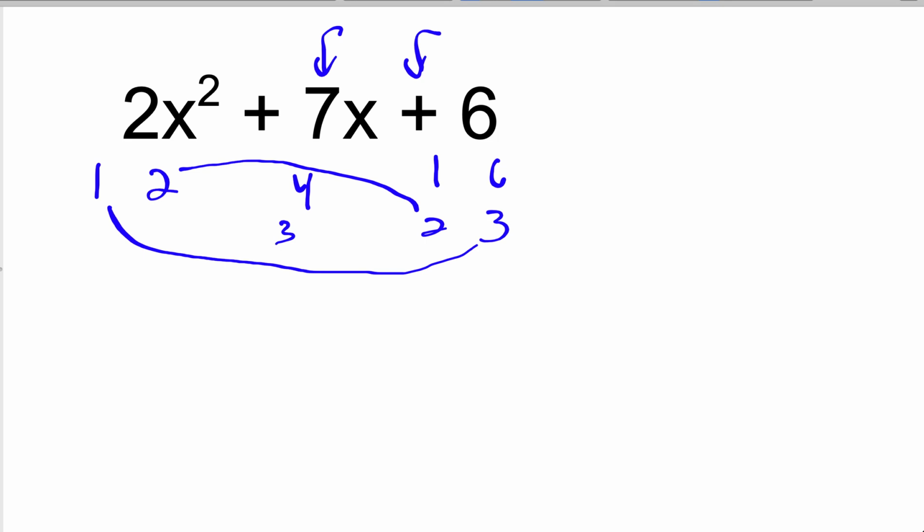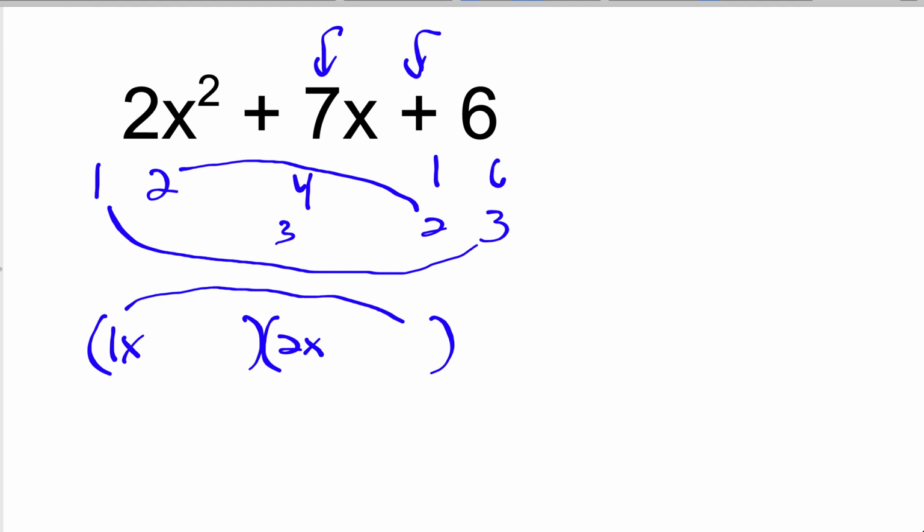Those add to be 7. So now I fill in my binomials, 1x and 2x. The 1 gets multiplied by the 3 here. And then the 2 gets multiplied by the 2 there. Signs are the same. They're both positive.